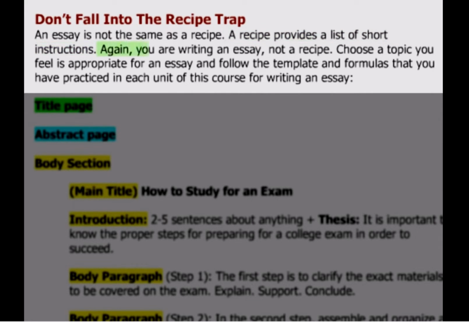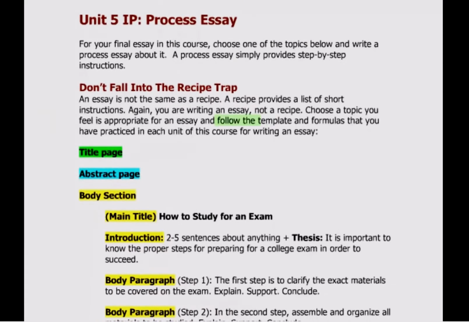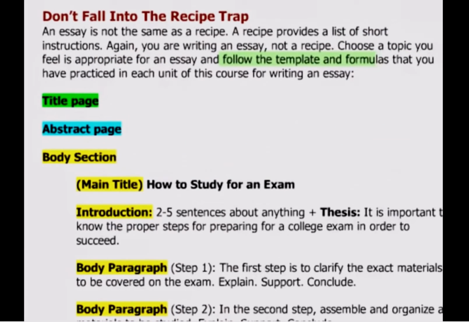A list of instructions, while at times very valuable, is not an essay. So whenever you're choosing your topic and planning your essay, make sure that you are choosing and planning an essay, not a recipe. And be sure to continue to follow the templates and formulas that you've practiced in all the other units of this course.